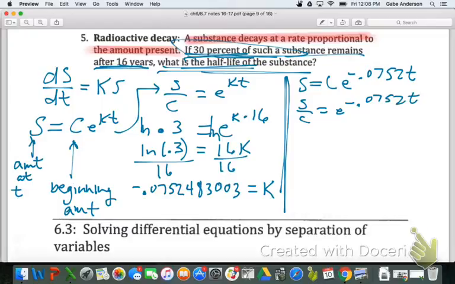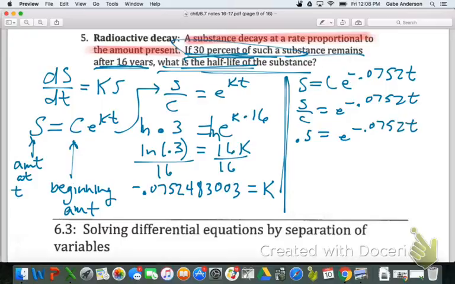Whether it's 50 and 100 or 30 and 60 or 2 and 4 or 500 and 1,000, we know that S over C will have that relationship of 50%. Half-life, right? I'm looking around seeing really confident faces. Am I reading you right? Okay, cool. All right, so 0.5 equals e to the negative 0.0752 t.